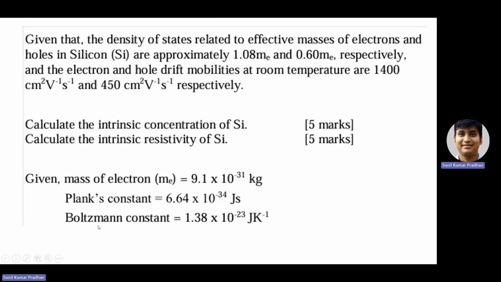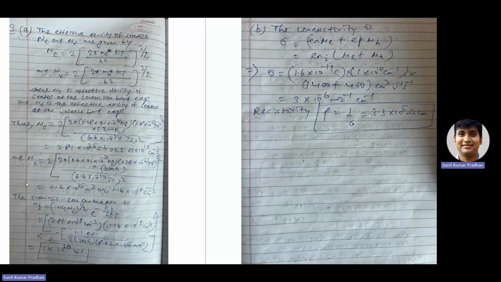If you put the values, the intrinsic concentration will be 1 into 10 to the 10 per centimeter cube.